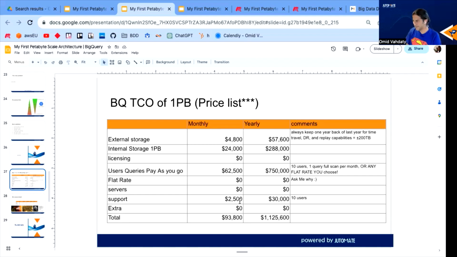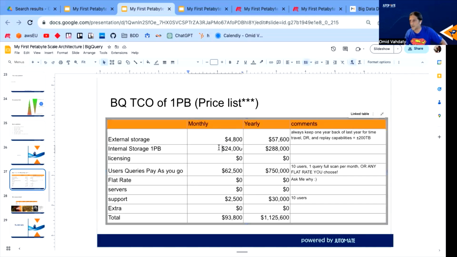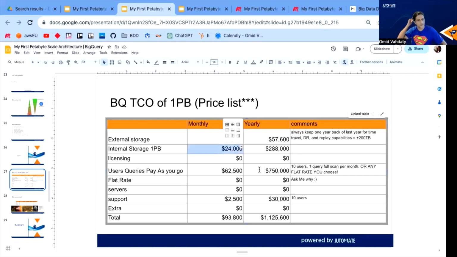For example, in terms of storage, we discussed your consideration for whether or not you are compressing. And I would argue that you would use the 1 petabyte on external storage and you pay, give or take, $5,000, and you load the same data to BigQuery, only this time you'll pay $24,000.